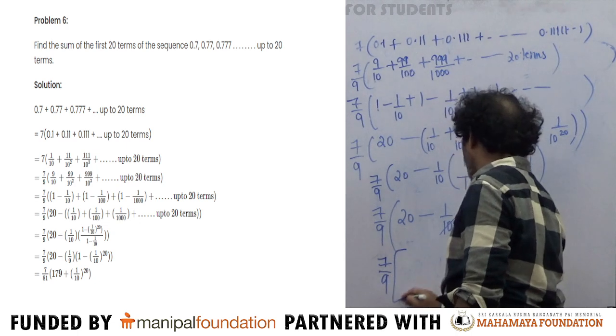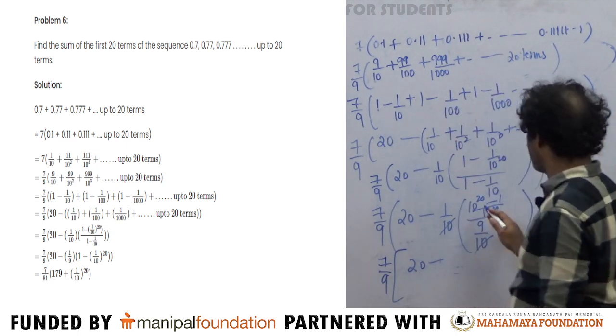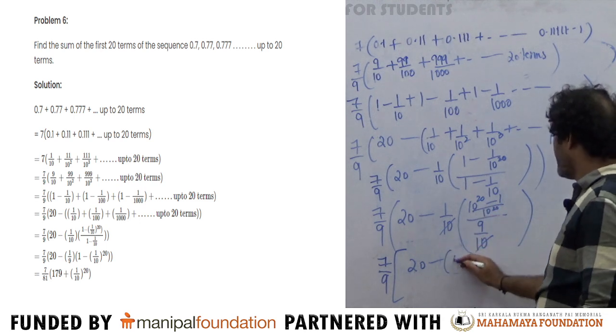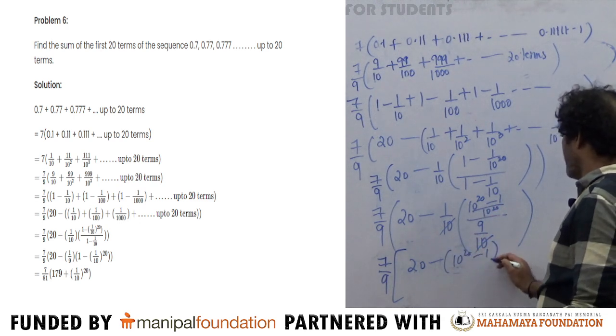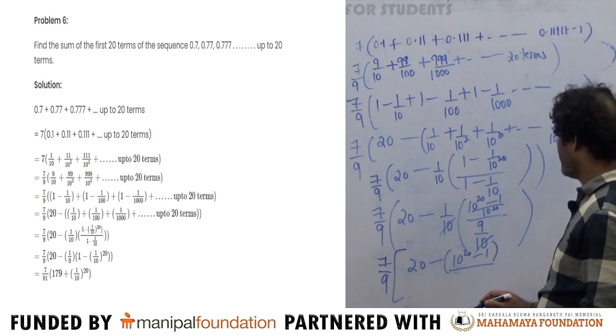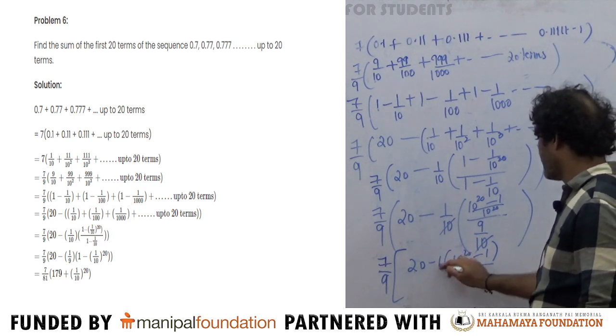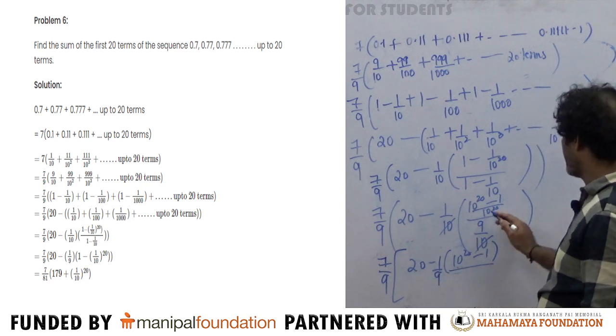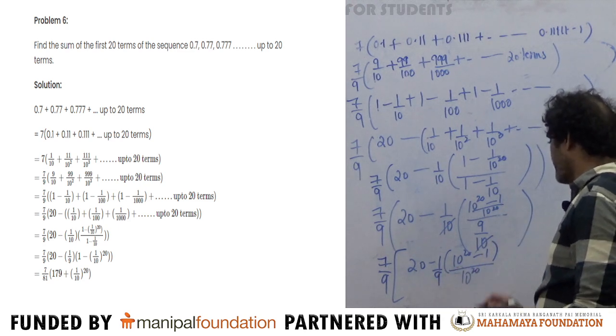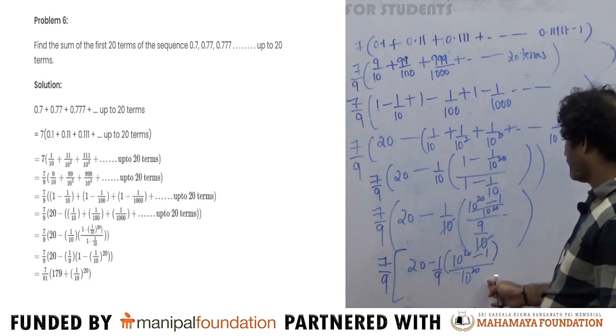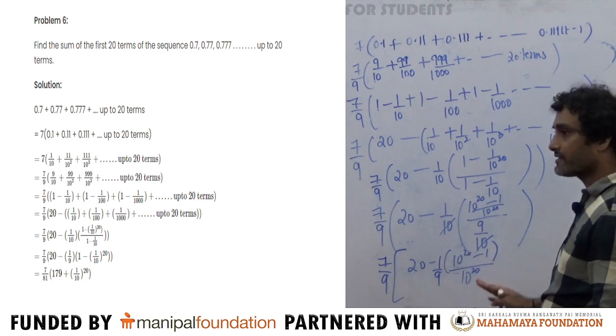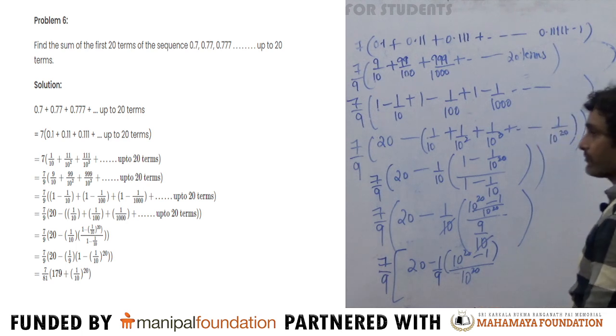7 by 9, 20 minus this will be 10 to the power 20 minus 1 divided by, here 1 by 9 will come, 10 to the power 20. So what you can do is, you can just multiply or ignore that one thing.